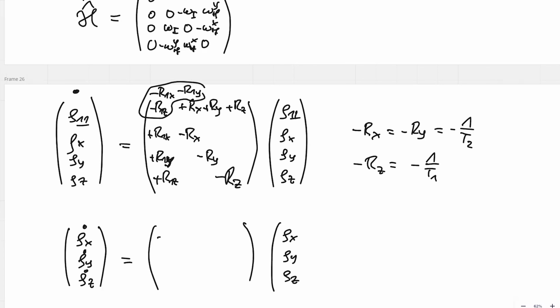Then we have minus 1 over T2, minus 1 over T2, minus 1 over T1. And to correct this missing relaxation rate from the reservoir to the actual spins, you need to introduce a correction, and that is the equilibrium magnetization, which is considered to be the Z magnetization, which is here minus rho 0.